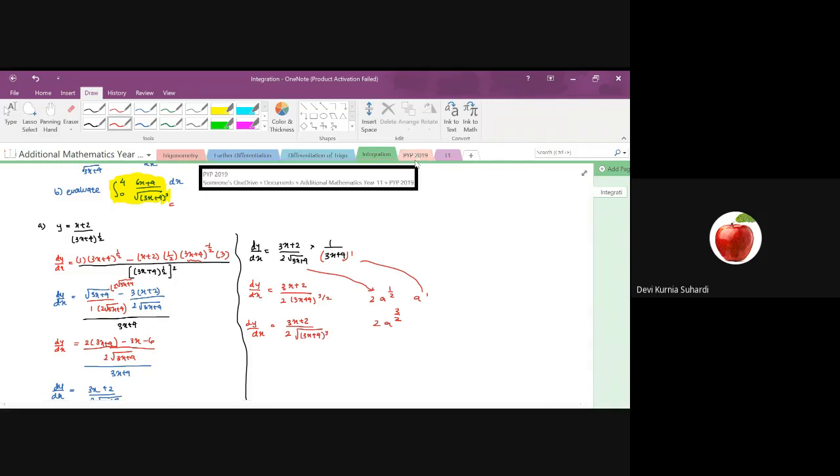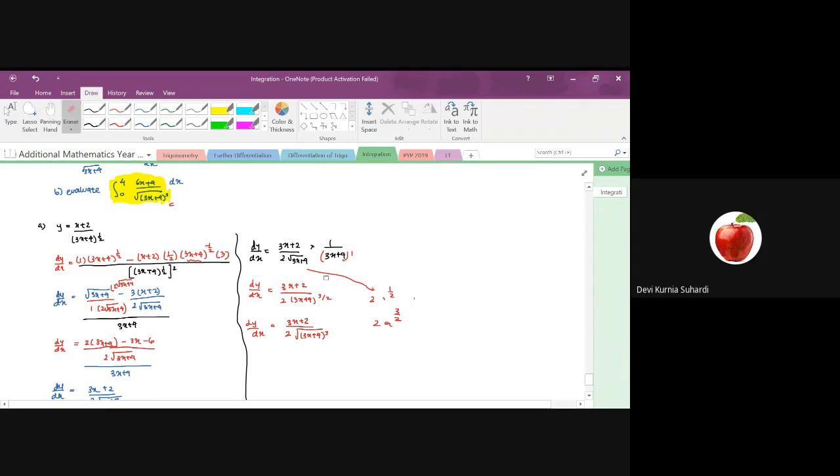Okay? So you need to use the quotient rule and then simplify it so that we have something that looks similar to that one.